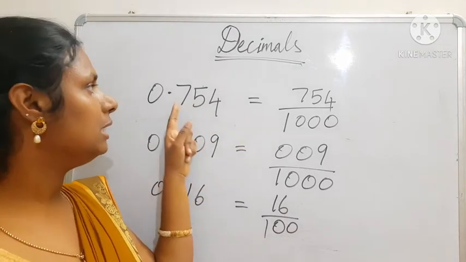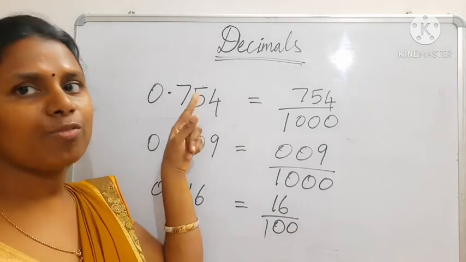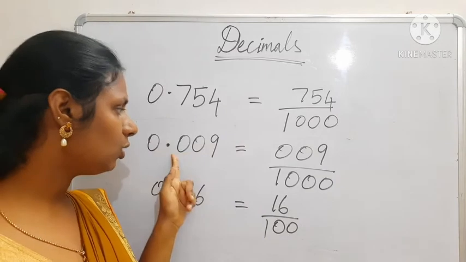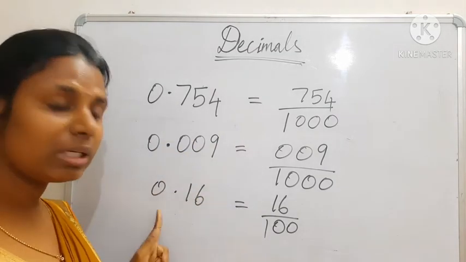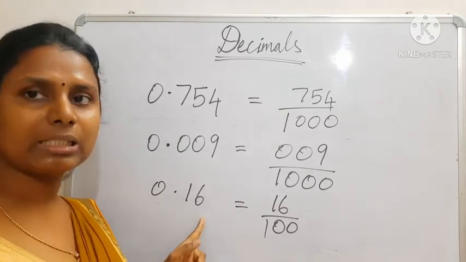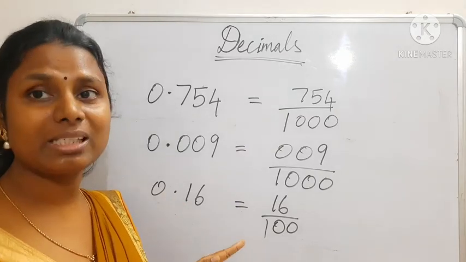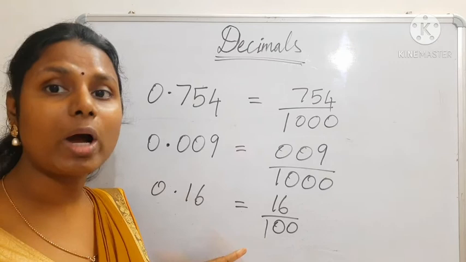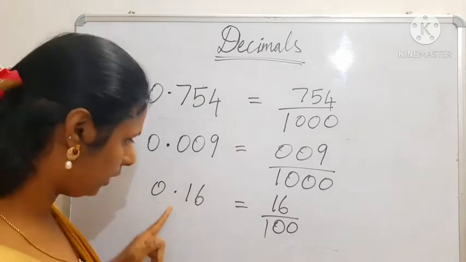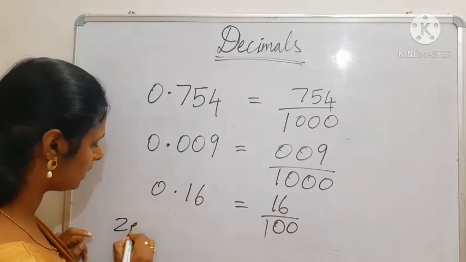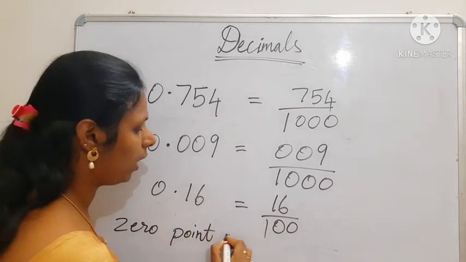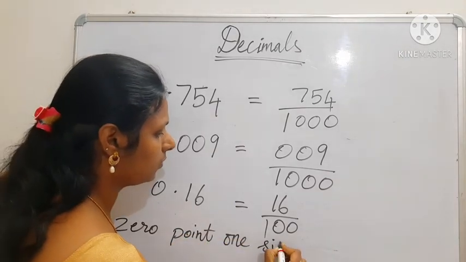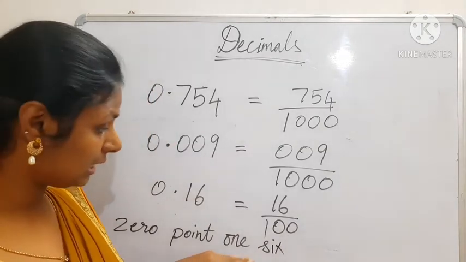You have to say seven, five, four. 0.009. 0.16. We never say zero point sixteen. We say zero point one six. So when you write also, you have to write like this. You have to write them separately.